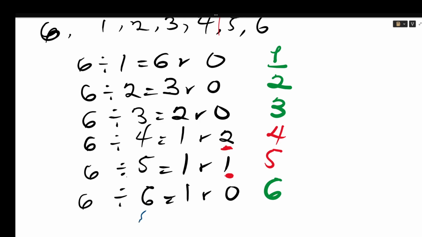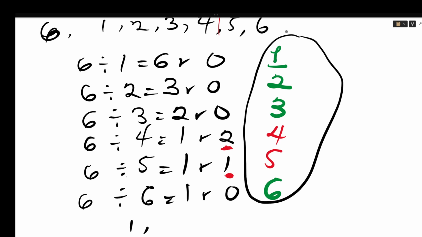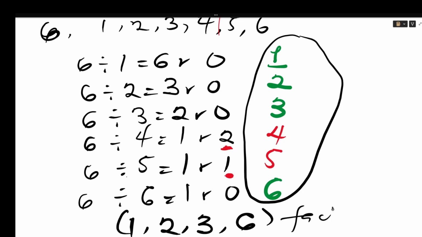Those in green from this section are factors: 1, 2, 3, and 6. So these are what we call factors of 6. 1, 2, 3, and 6. These are the factors of 6.